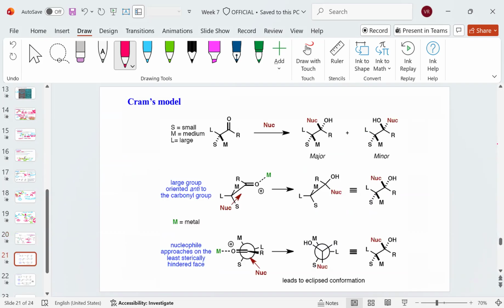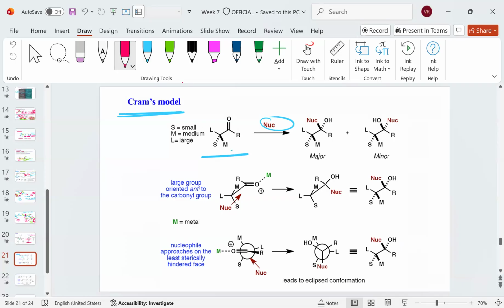So let's take some examples now. Based on this Cram's model, this is the starting material. These groups might be L, S, and M, depending upon whether they are the medium, small, or large group. So when you have the nucleophile, where will it go?